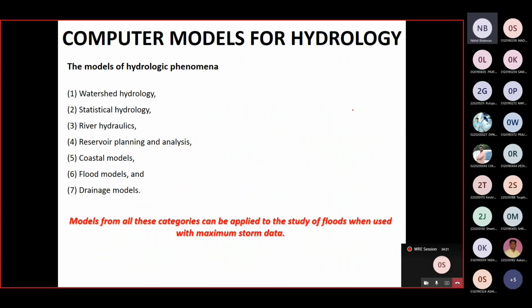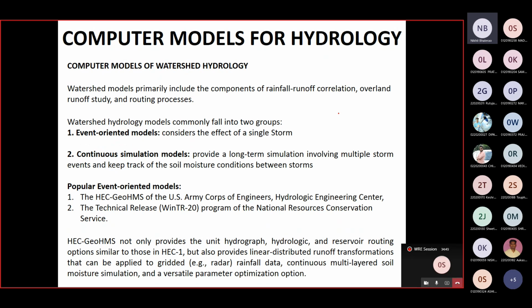Okay, we will see one by one all these hydrological phenomena, and with respect to that, we will discuss what the various software or models are that we can use for modeling purposes. First, we will start with the computer models which are used for watershed hydrology.